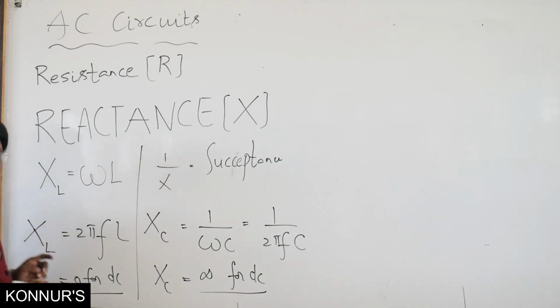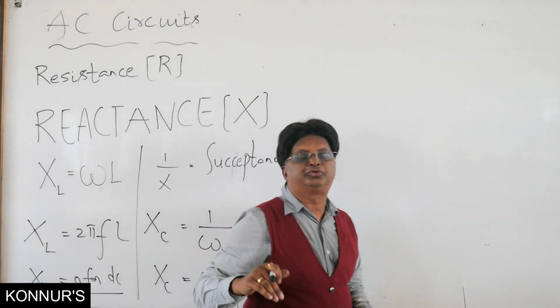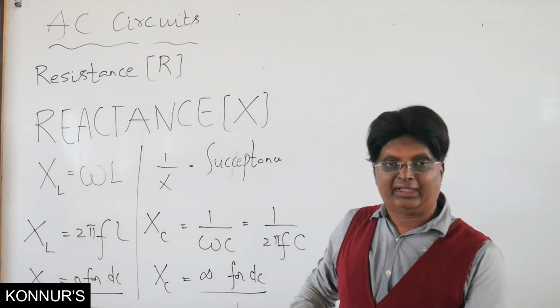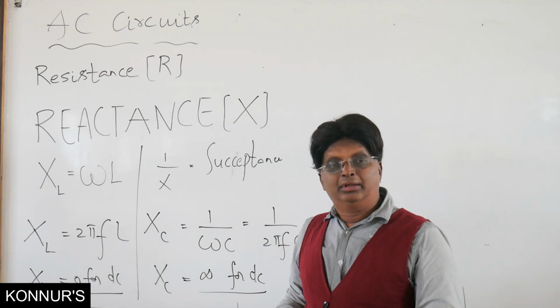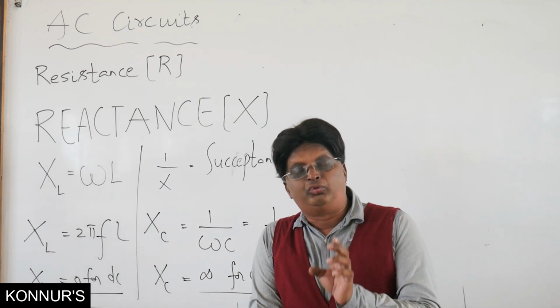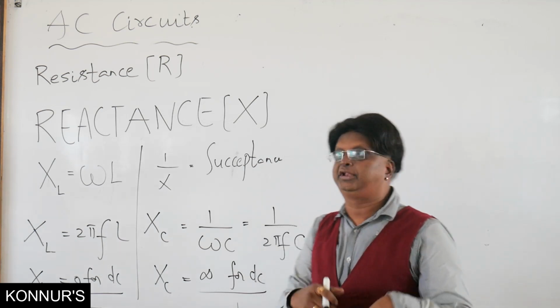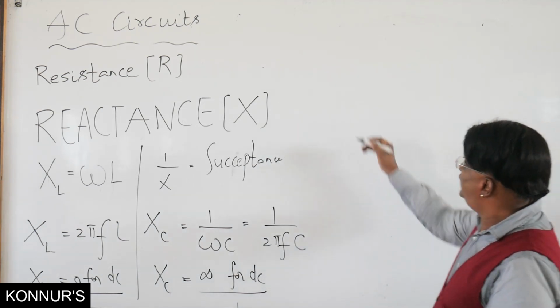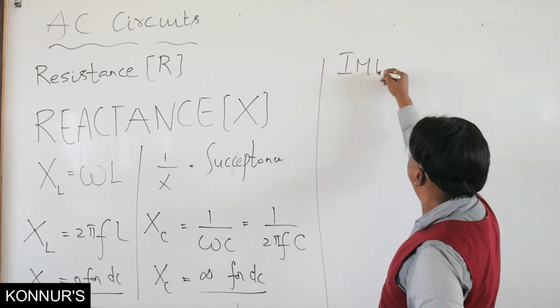Now, apart from resistance, in AC circuits we have reactance X as well, of course XL and XC. Now, in an AC circuit, what will be the net effective resistance? That is given by a term called impedance.